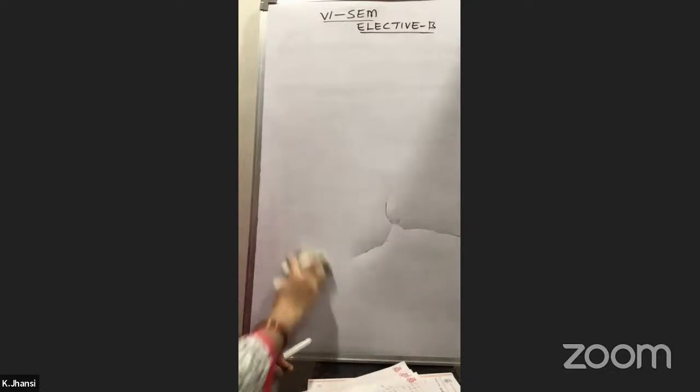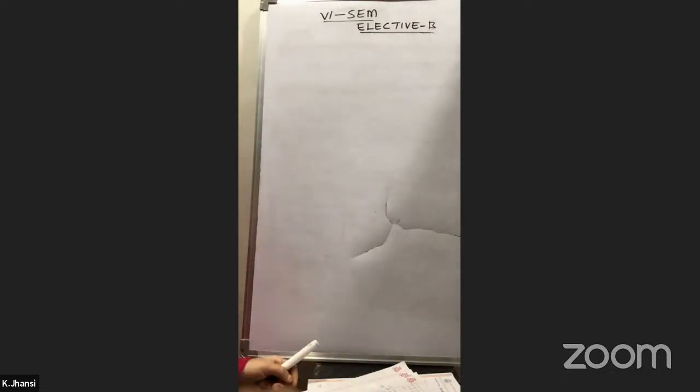Ma'am, good evening, ma'am. Good evening. Ma'am, actually, one small doubt. My subject was elective course C, and in that there were no vector products. Yours is C? Yes, ma'am.